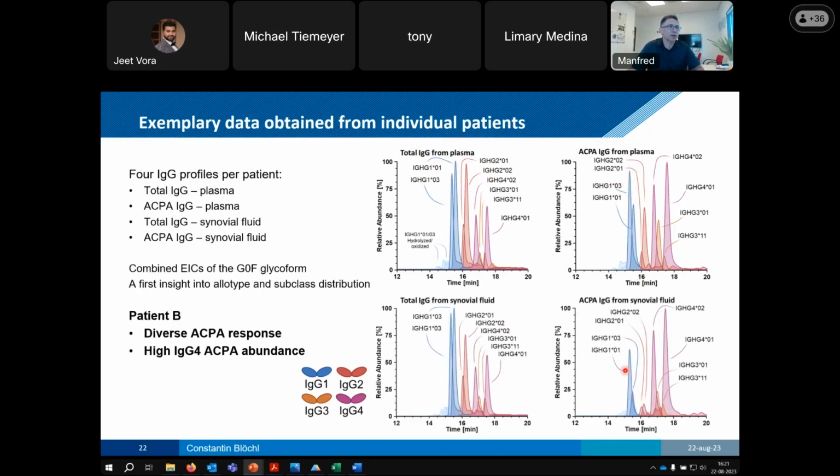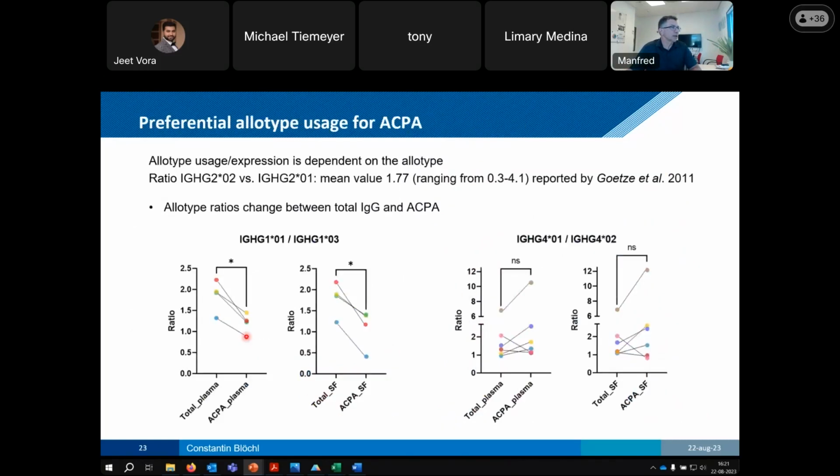It also becomes more dominant for the autoantibody in the synovial fluid. So we see a differential allotype usage for the autoantibody versus the total IgG. You can do this now for a number of patients, and this is consistent. So the allotype usage is different for the autoantibody versus the total IgG.